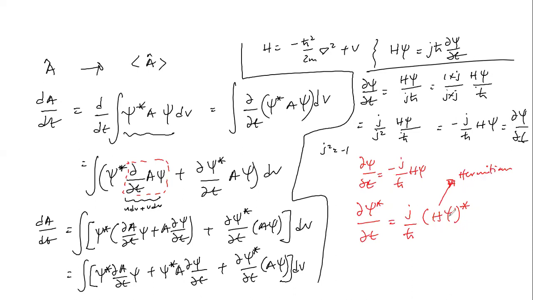So if it's Hermitian, then it means that it does not have a j, the complex component. So we'll be able to rewrite this as j over h cross H psi conjugate. That's what I'm just trying to pull through from all that I've been saying. Now, if that is clear, then we can rewrite the first time derivative of the Hermitian operator.